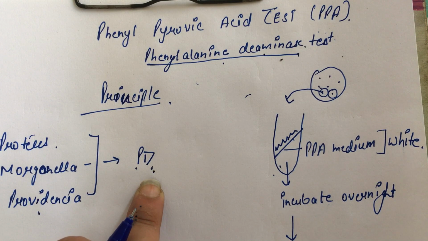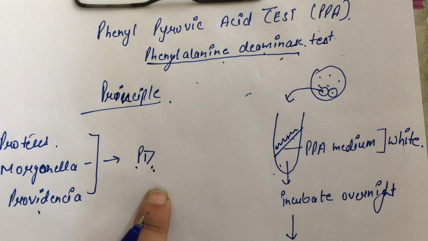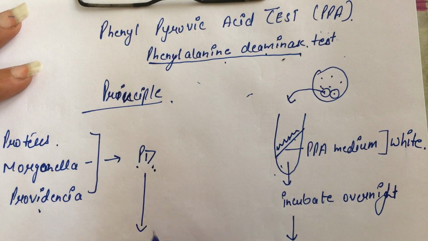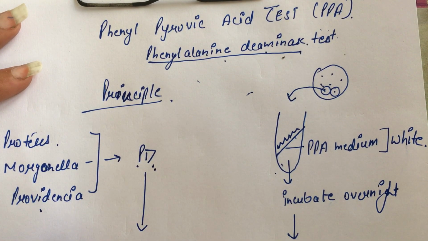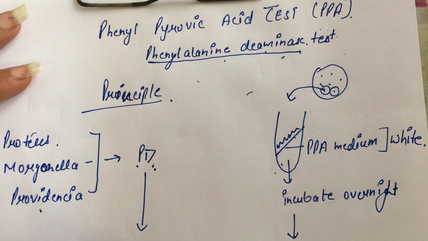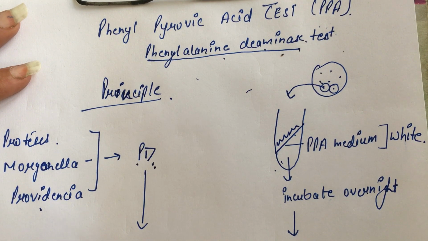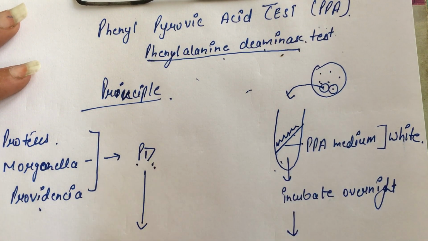If it is producing phenylalanine deaminase enzyme, then what would happen? It would convert the phenylalanine that is present in your culture medium.